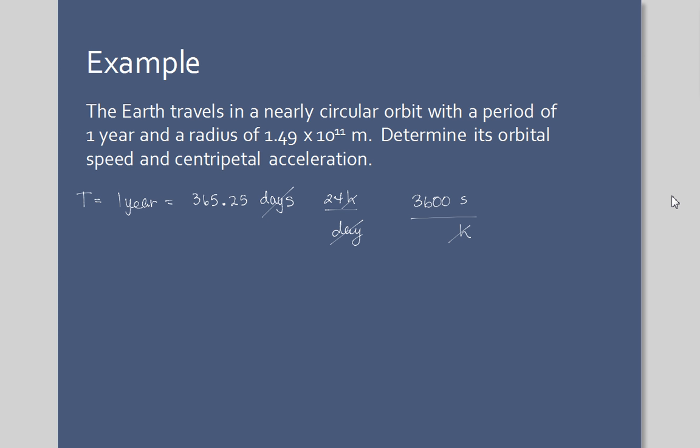It's just 60 times 60: 60 minutes, 60 seconds. So we get a lot of seconds. We get 3.16 times 10 to the 7 seconds.